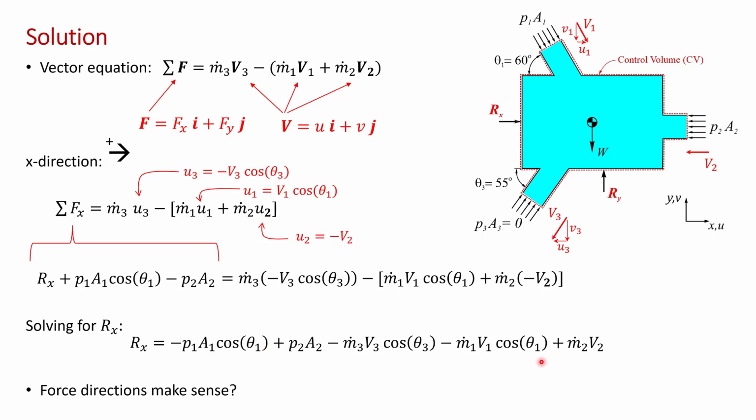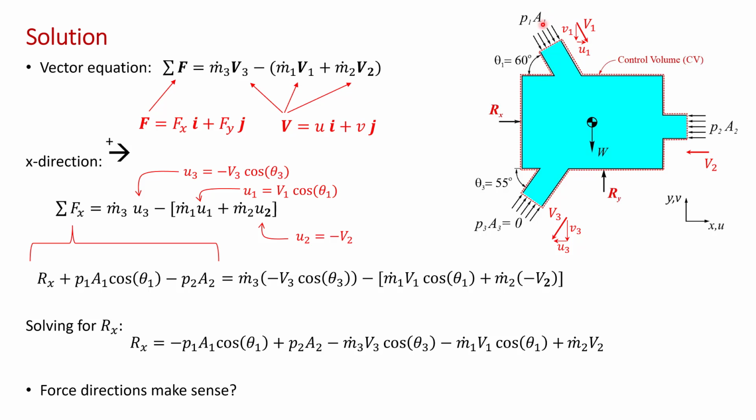The momentum terms here are a little more complex, but think of that jet engine problem. m3 V3 cos theta 3 is the x momentum of the fluid being ejected at the exit. Just like a jet, it would produce a force in the x direction. So that would tend to reduce Rx.